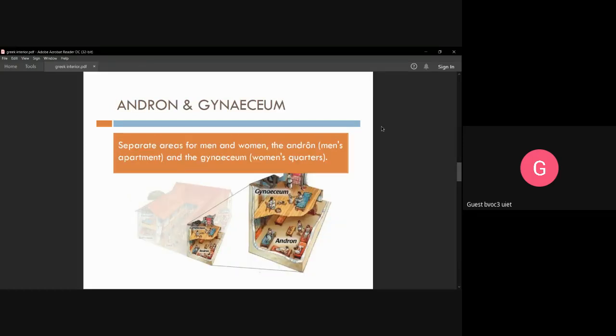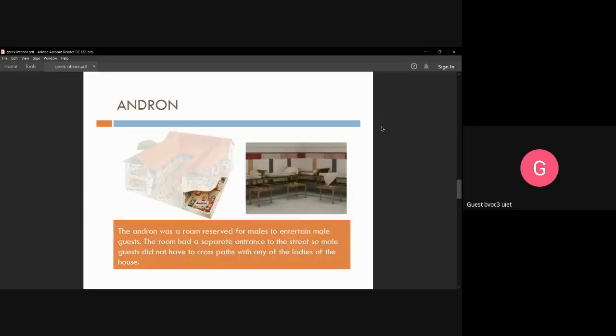So this andron and gymnasium which we were talking about were two separate areas for men and for women. In detail, the andron was a room reserved for the males to entertain male guests, and the room had a separate entrance to the street so that male guests did not have to cross paths with the ladies of the house.